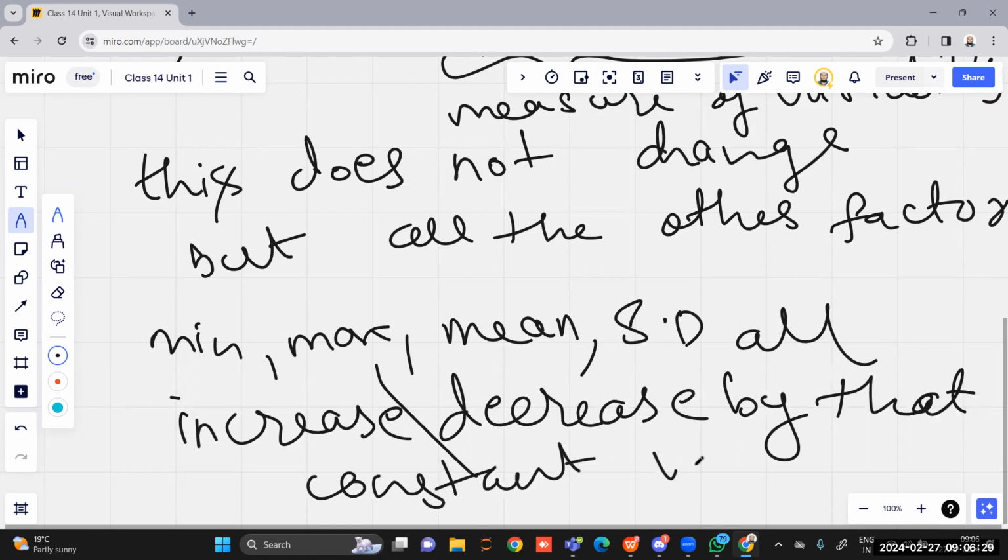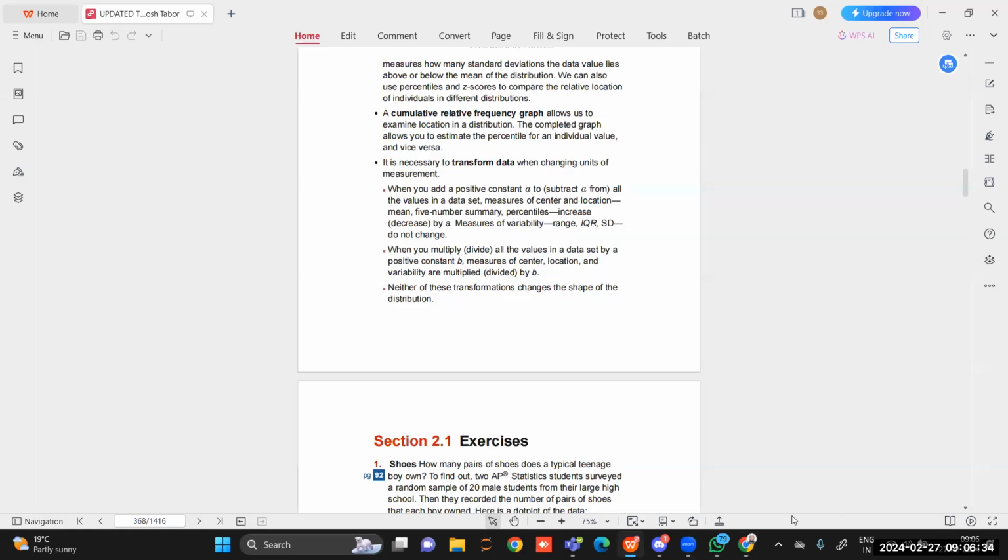That was the summary. And if we multiply, you can see that when you multiply or divide all the values in a data set by a positive constant, measures of central location and variability are multiplied by b.